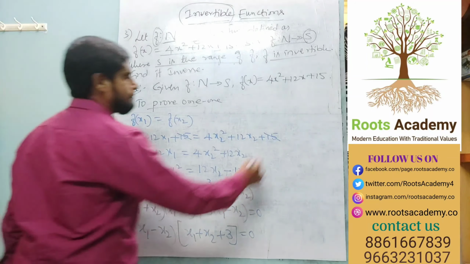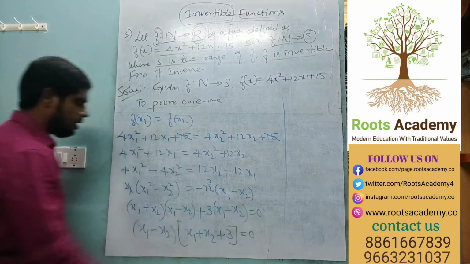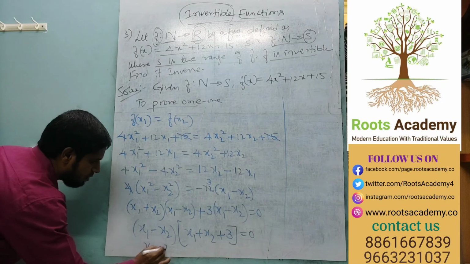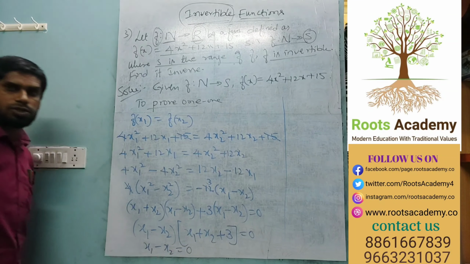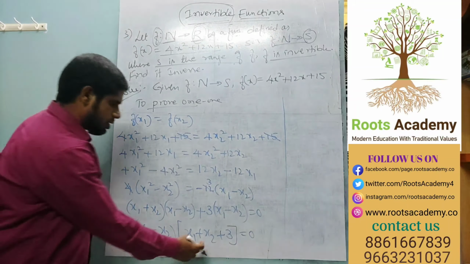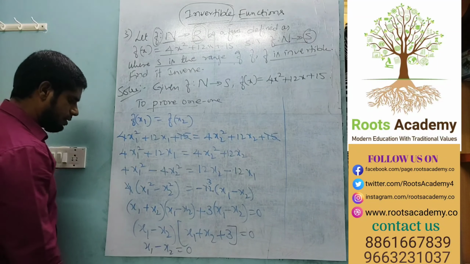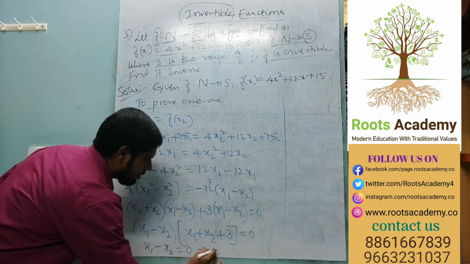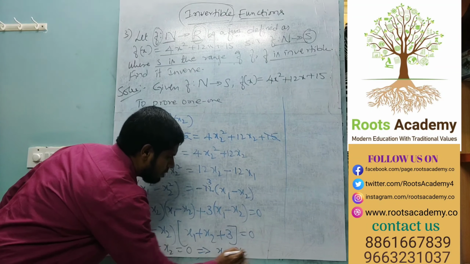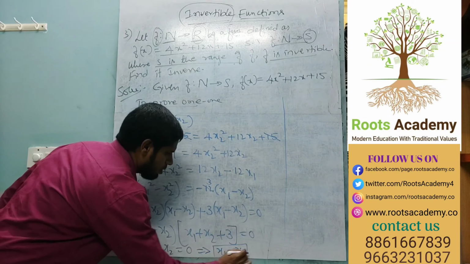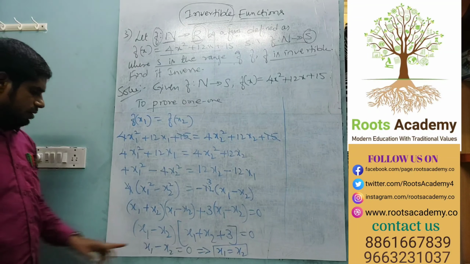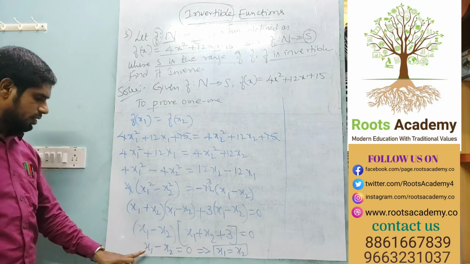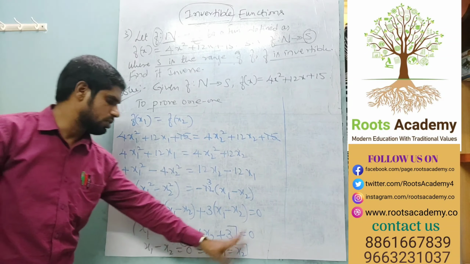So I will take the first factor equal to 0, that is x1 minus x2 is equal to 0, and this will also be possible here. This implies x1 is equal to x2.